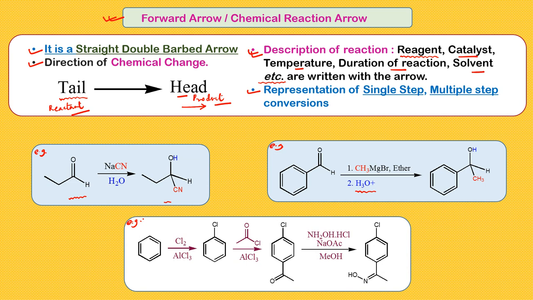And at every step, we get the idea of how the individual intermediate is formed and all the details about the reagent. So overall, the forward arrow, or the chemical reaction arrow, is guiding us to understand the reactant side and the product side. Along with this, we also get the idea about the description of the reaction regarding the reagent, catalyst, and the reaction conditions that are in place for this transformation.